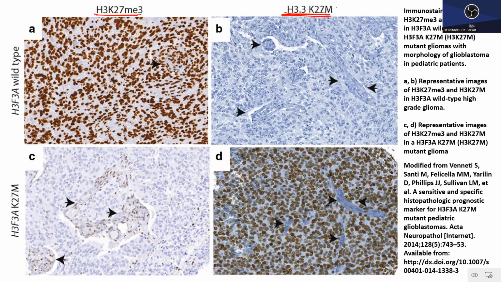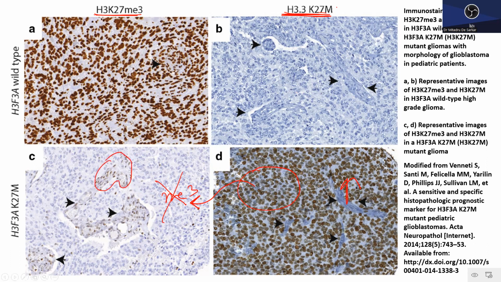So let's look at pictures D and C. In picture D, you see there is an increased expression of the mutant histone H3K27M, and as a result, with the expression of the mutant histone, there will be a corresponding reduction in the normal trimethylated histone. So the same case shows a complete absence of H3K27 trimethylated histone. So trimethylated histone is gone, while the K27M mutant histone is upregulated. Your endothelial cells serve as control over here.